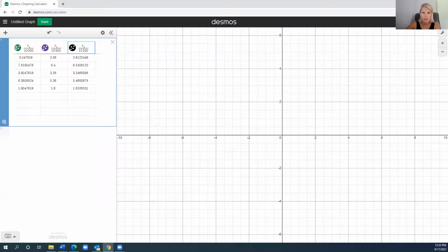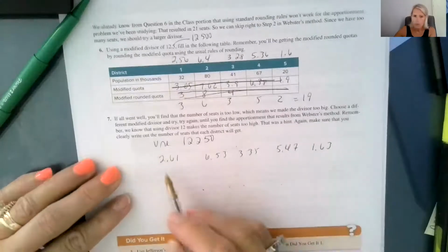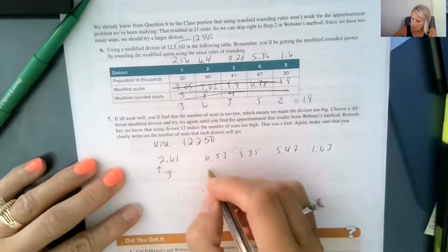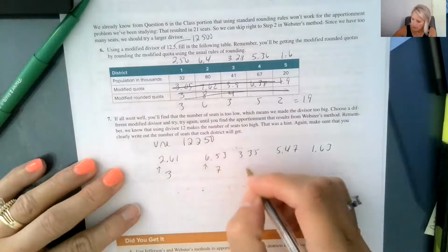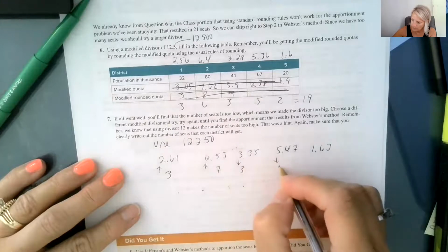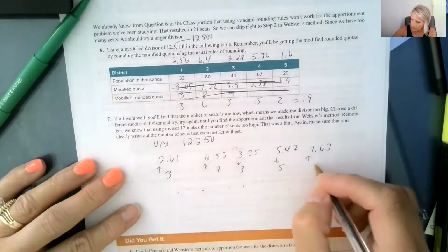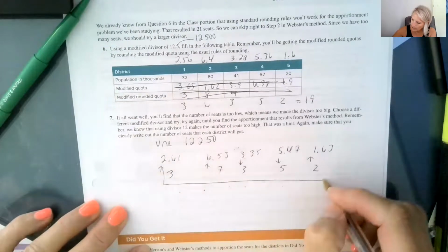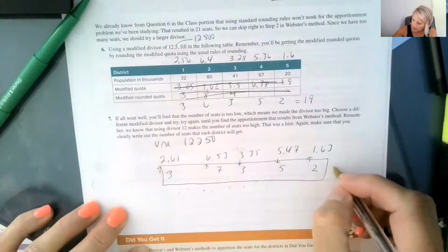And then when we use our natural rounding rules here, these will naturally round appropriately. So this one rounds up, rounds down to 5, and this one rounds up to 2. So now we add these and we get 20.